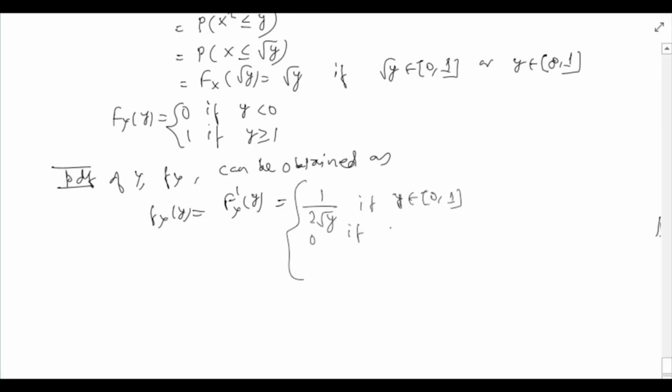It's 0 if y is less than 0, and 0 if y is greater than or equal to 1.